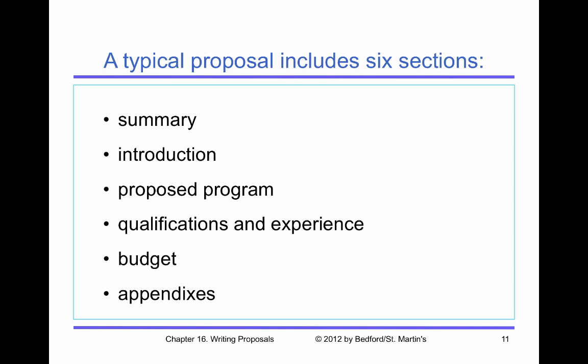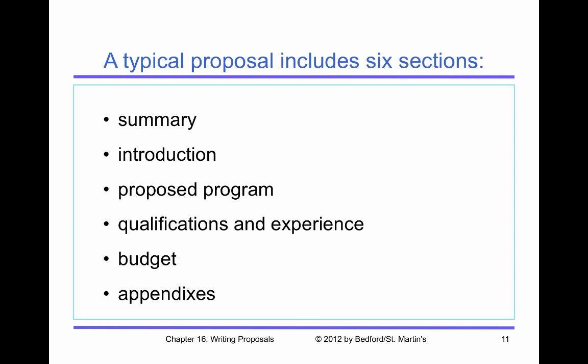Probably the most likely place that you'll use sources is in your introduction, stating that there is a problem and something needs to be done about it, and that you have the solution. The proposed program, this is what they get. So typically, and again, 2 to 3 pages, typically not any sources involved here, but we'll have charts and graphs and tables and stuff. We want to appeal heavily to logos in this section.